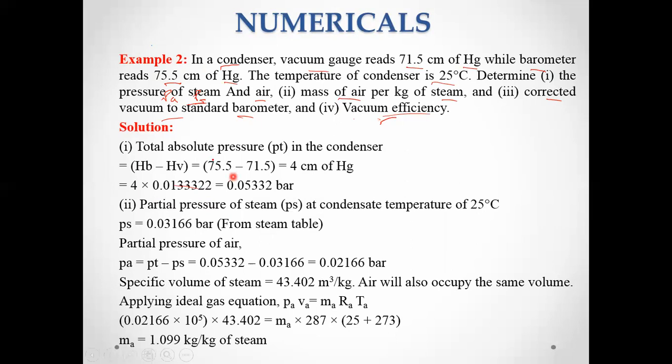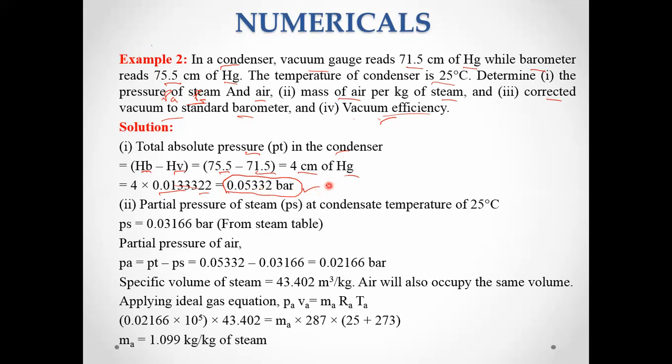The first thing is that we will find the absolute pressure in the condenser. Absolute pressure will be equal to HB minus HV, that is the barometer gauge reading minus the vacuum gauge reading. It is 4 centimeter of Hg. Convert it to bar by multiplying with 0.013322. This gives 0.05333 bar.